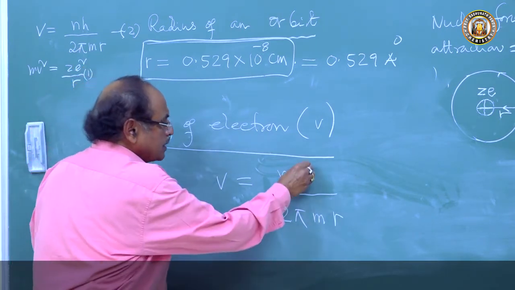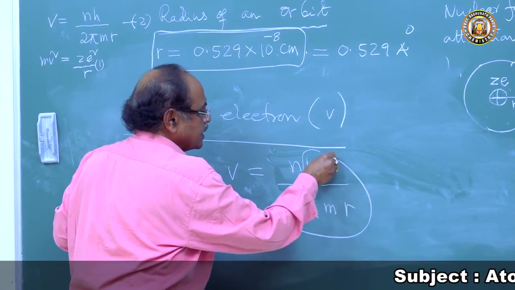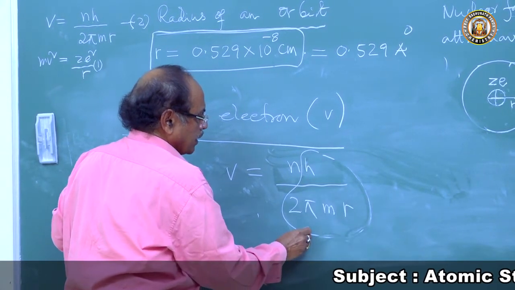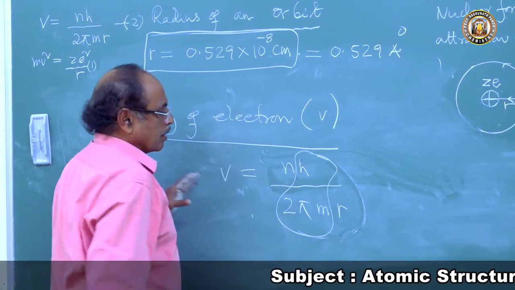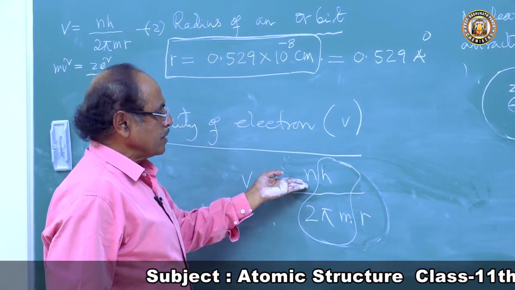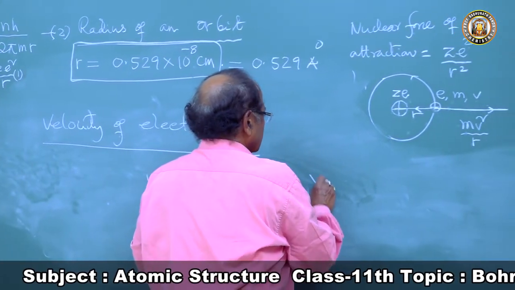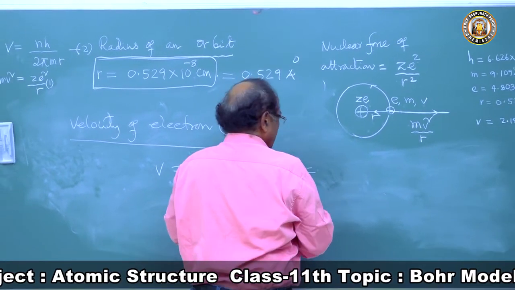So all these are constants. h is a constant, pi is a constant, m is constant, r is changing. So we will put the value of r only. The first orbit is 0.529. So if you put the value of n is equal to 1, the velocity of the electron in the first orbit will be what?